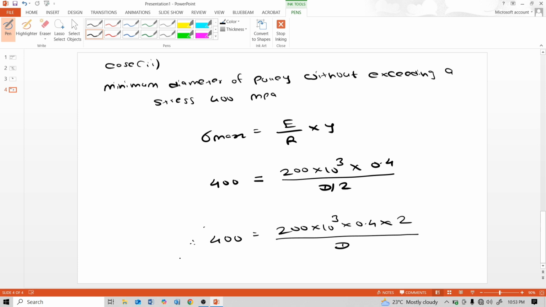With 2 by d, take the d term to the other side, so d is equal to 200 into 10 raised to 3 into 0.4 into 2 divided by 400.